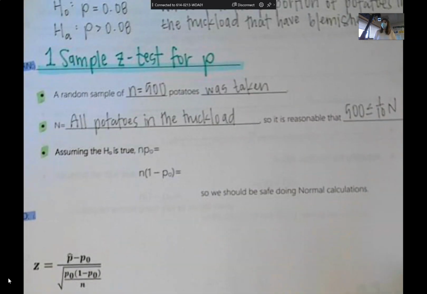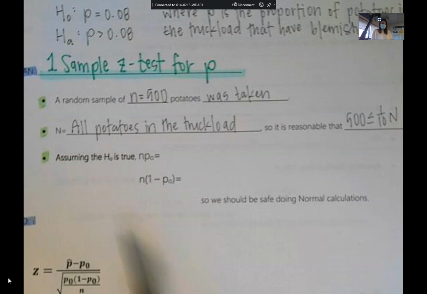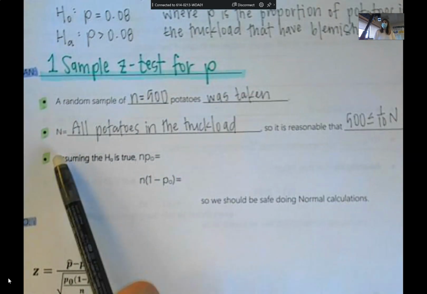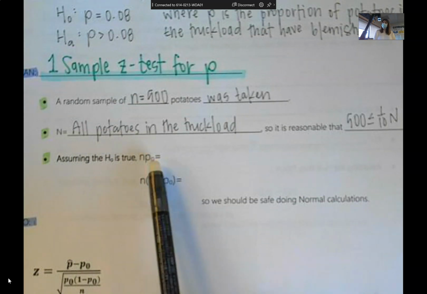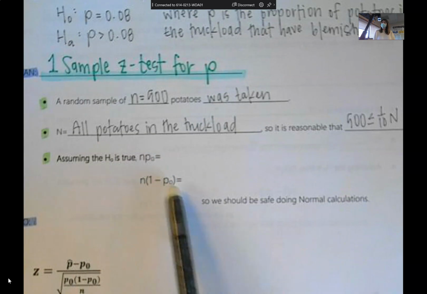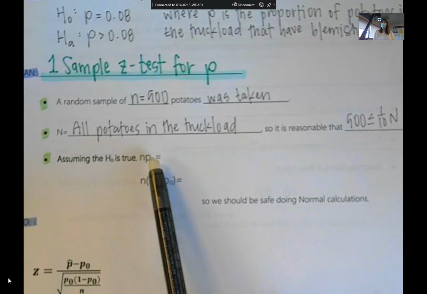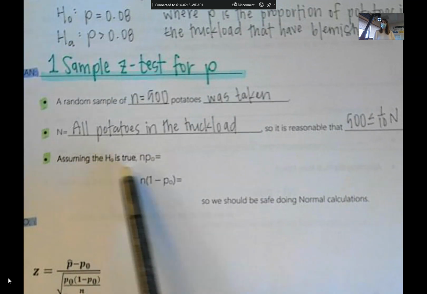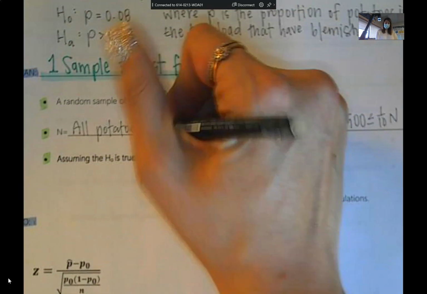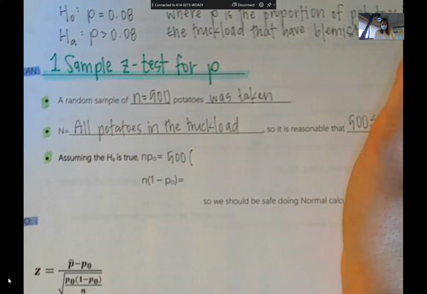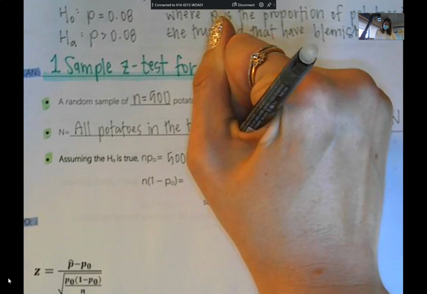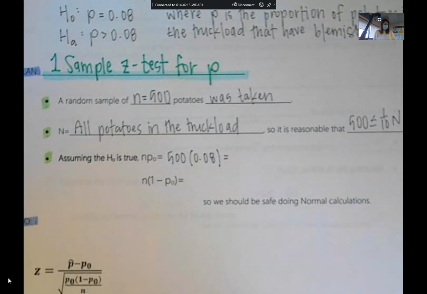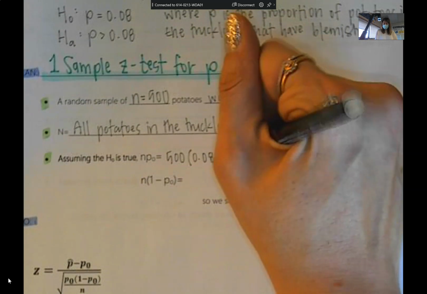And then our last one is the large counts condition. One thing to notice here is that it says, assuming the null is true. So that's why these P's have a little sub-zero on them, because it's the P from the null hypothesis. So assuming the null is true, N times P is 500 times 8%, and that equals 40.